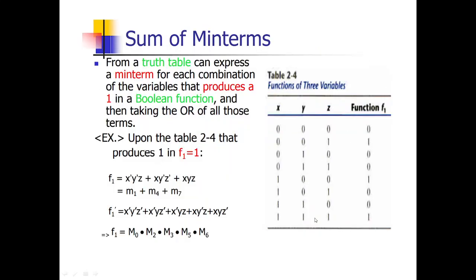So next is sum of min terms. Actually, we want to know the main difference between the sum of min terms, that is the canonical form, and the standard form. In the canonical form, each and every term consists of all the variables.